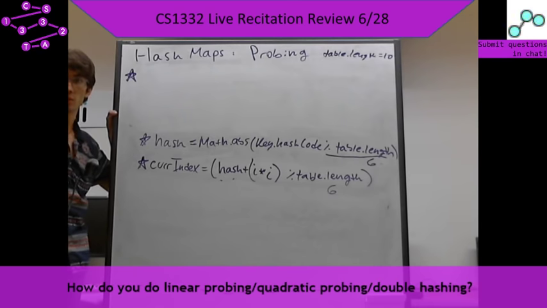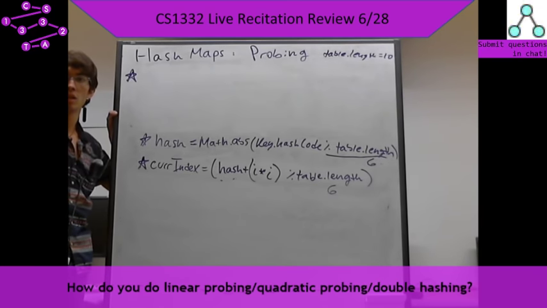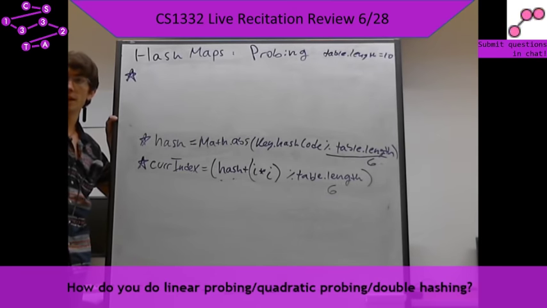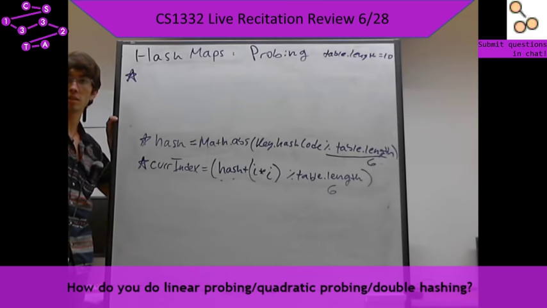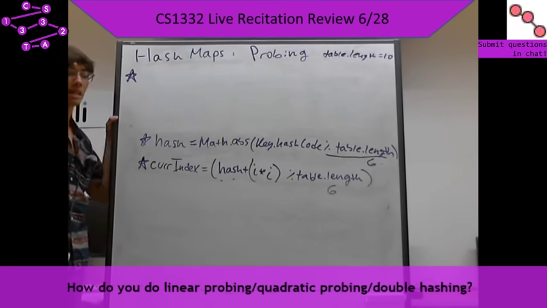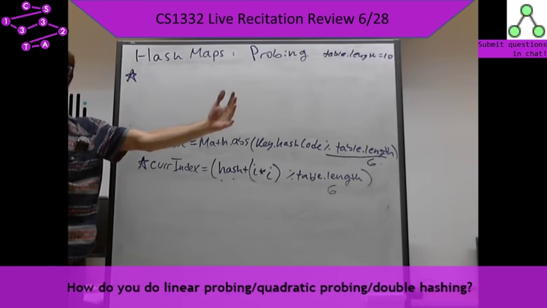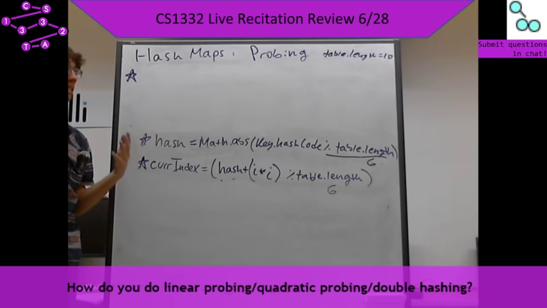So I think, Jacob, you can confirm this. What are the advantages and disadvantages of each type of probing? Does quadratic probing have fewer collisions than linear? In general, yes, because that's the idea of a hash map, right? Let's spread stuff out in this array. You sacrifice space, right?